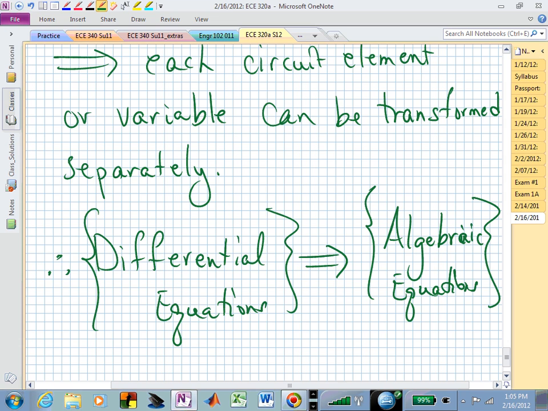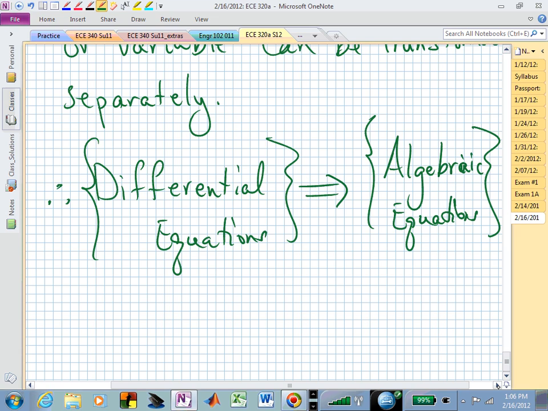So again, this is the time domain, frequency domain connection that the Laplace transform allows us to do.